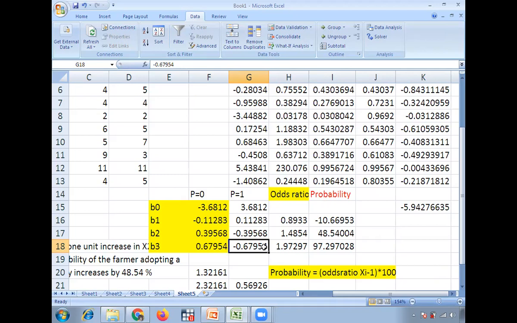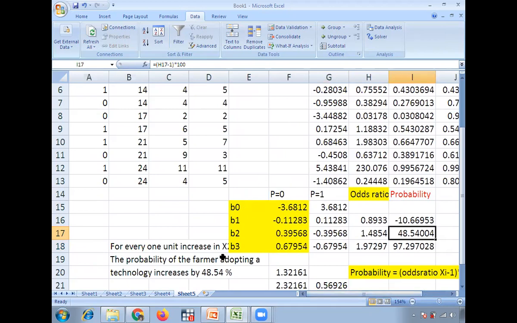So what we have to do is find the odds ratio first, and then use a formula: probability equals odds ratio of the concerned independent variable minus 1, times 100, which will give us the probability in terms of percentage. Then we can interpret, like I have given over here: if x increases by 1 unit, the probability of the farmer adopting the technology, or whatever the dependent variable is, increases or decreases by so and so.